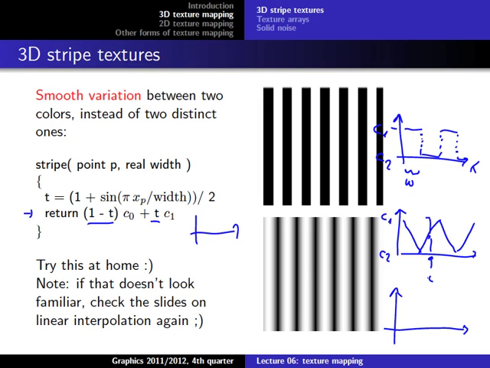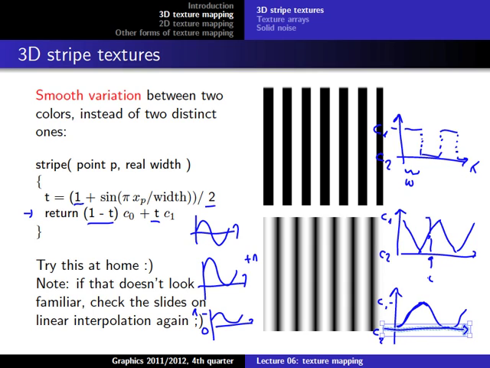So the sine is like this. We move the sine function up by 1. That's this here. And then of course we are between 0 and 2, so we have to scale it by a factor of 2. And then we get exactly what we want, which is a sine function between 0 and 1. And then we can use that here for our, oops, that was not nicely drawn, but you get the idea, for our color values. And that way we can create this nice, smooth transition here.